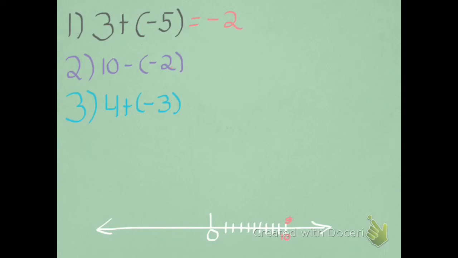Now, are we going to the left or the right? We're going to the left because we're subtracting 2. Wait, we're adding. So we're going to the right. So we need to add 2. And that gets us to 12, our ending point. So that's our answer, 12.